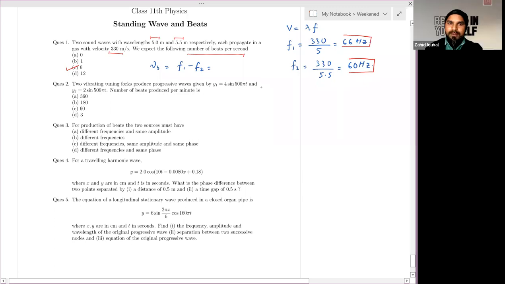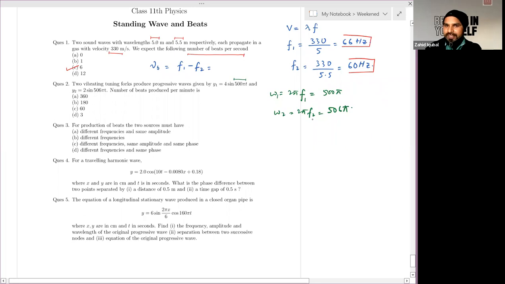In question second part, we have y equals to a times sine omega t. So this 500 pi will define you nothing but omega. And omega is equals to 2 pi f. So just equate it to 500 pi and you'll get f1. Similarly, for second part, omega 2, which is equals to 2 pi f2, 506 pi.